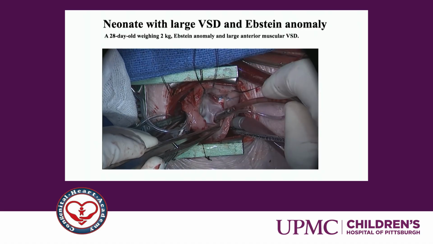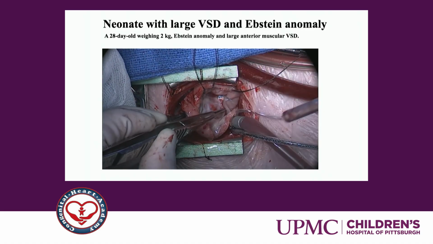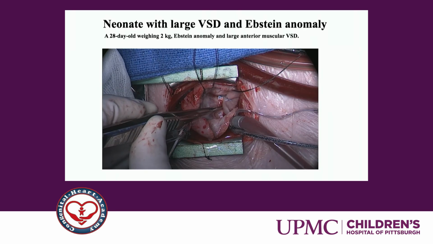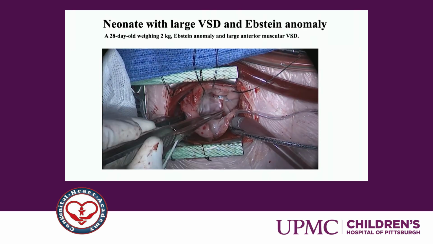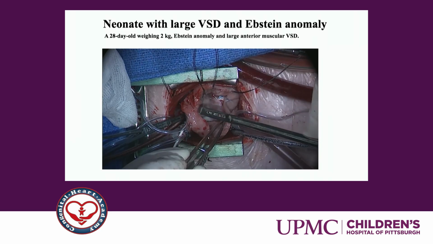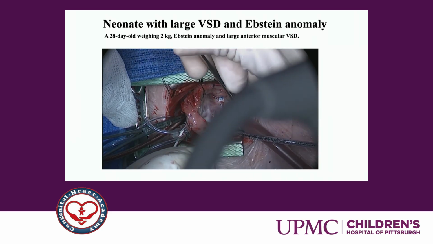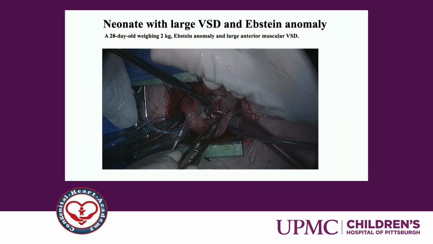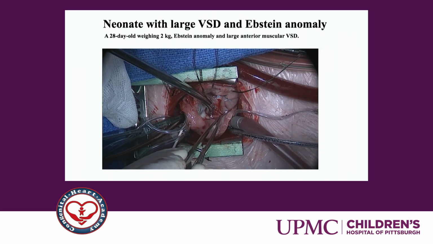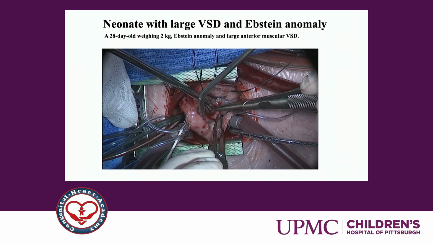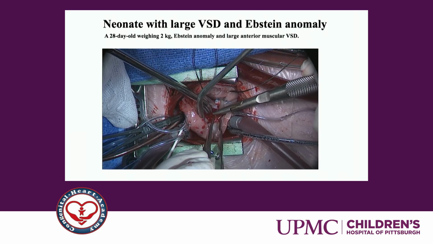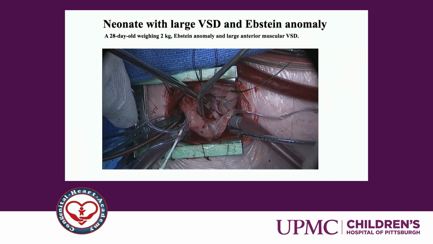The atrial septal defect, you see it is reasonably large here. So now I use a 5 millimeter Hegar dilator to reduce the size of the VSD, atrial septal defect, I'm sorry, to roughly 5 millimeters in diameter.